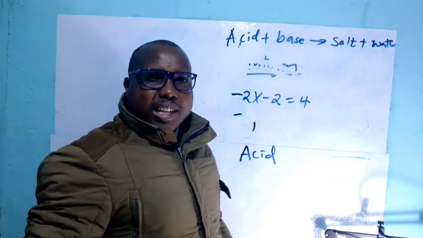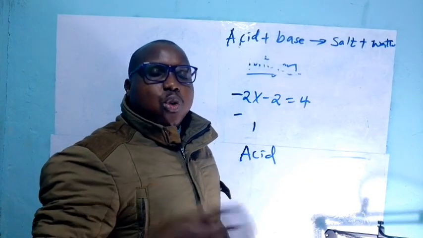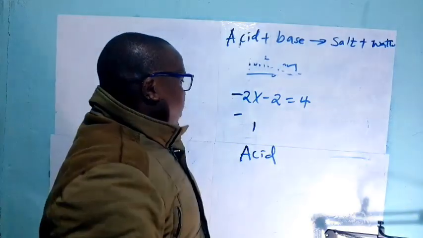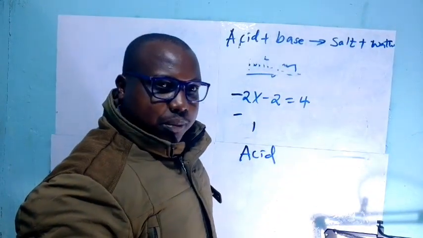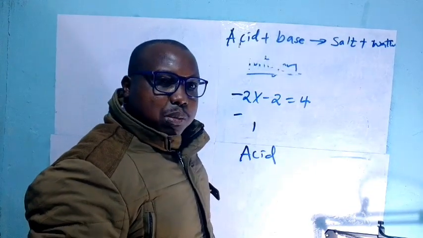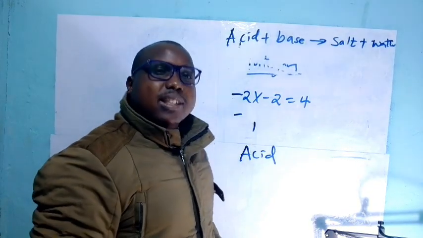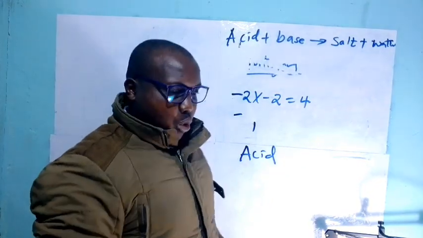Form 2 now comes here and it is the mother of all. The first topic is called the structure of the atom. The atom and its structure. This is now the mother of all.